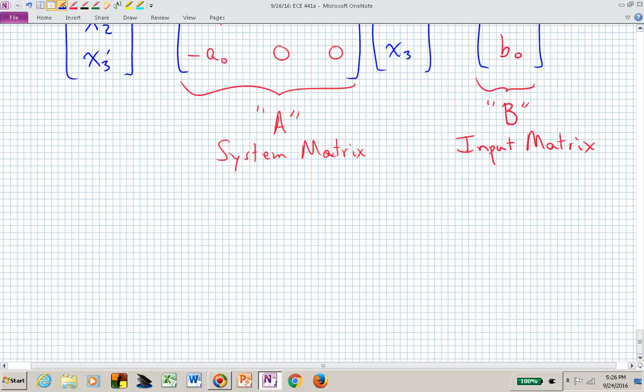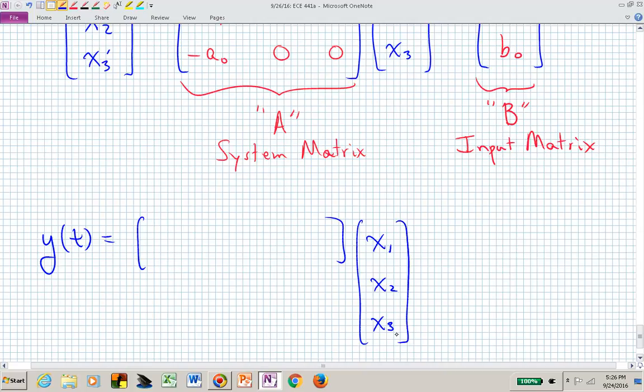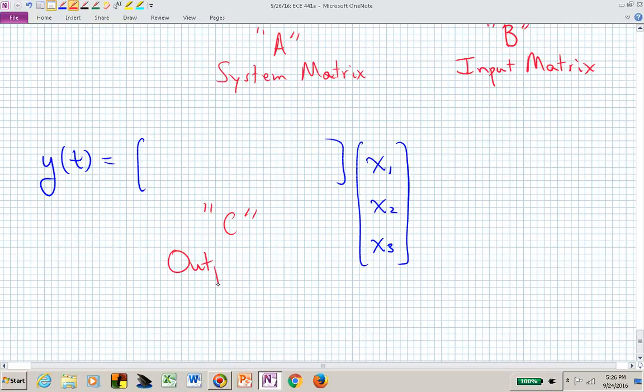We can now produce our output equation. We only have the one output. We have 3 state variables, which means that our output matrix C is going to be 1 row tall and 3 columns wide to be compatible with the output y and the state vector x.